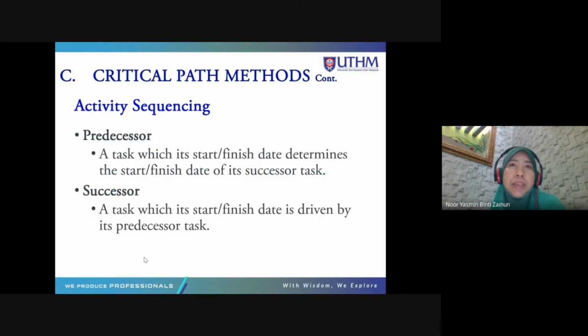Predecessor means the activity before: a task whose start or finish date determines the start and finish date of its successor task.